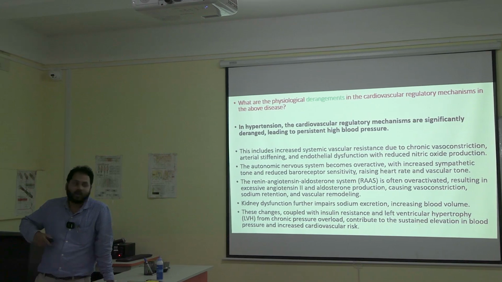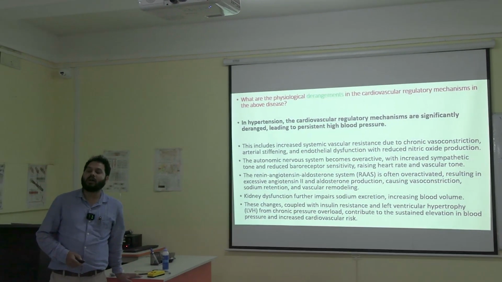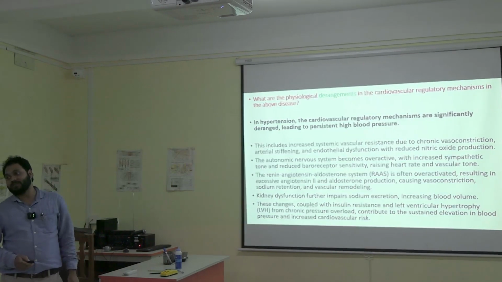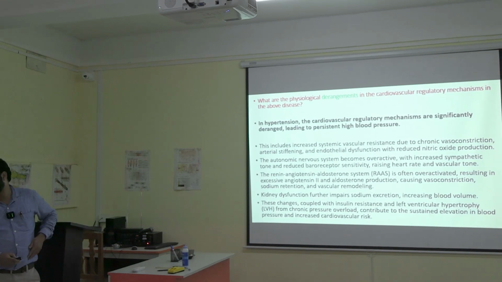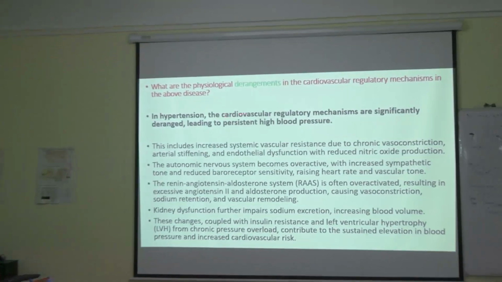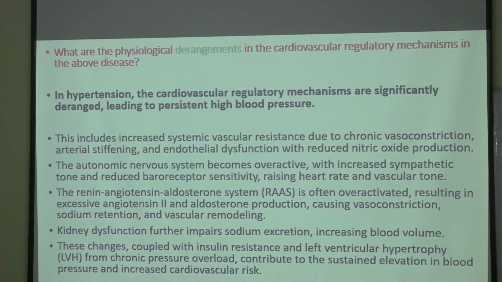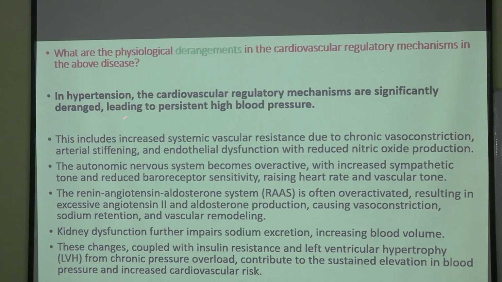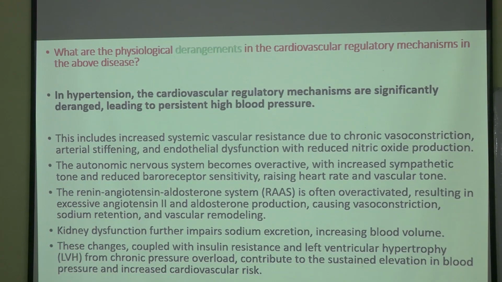Now, the question is, what is the exact physiological mechanism that is related with the development of hypertension? See, in hypertension, the cardiovascular regulatory mechanisms are significantly deranged. Yes, and due to this derangement, it leads to persistent high blood pressure.